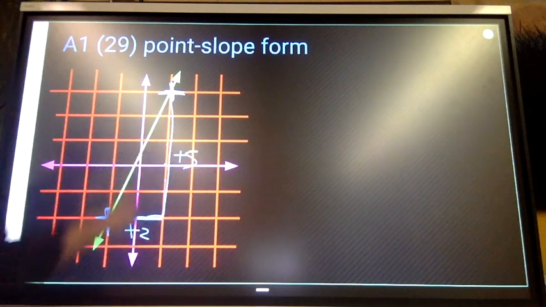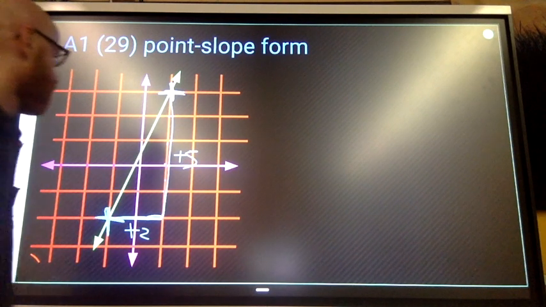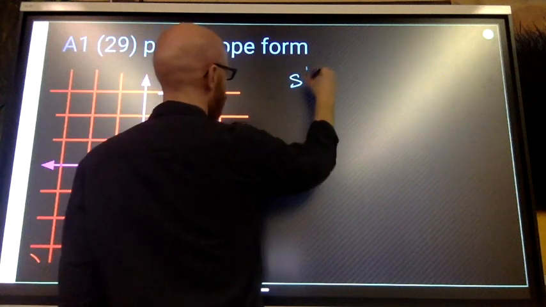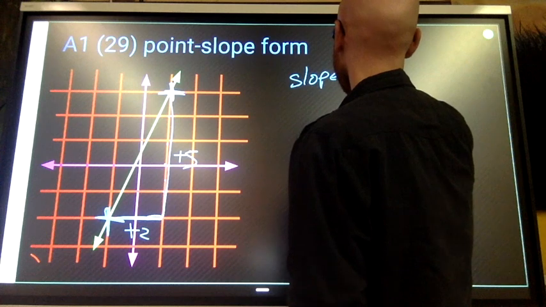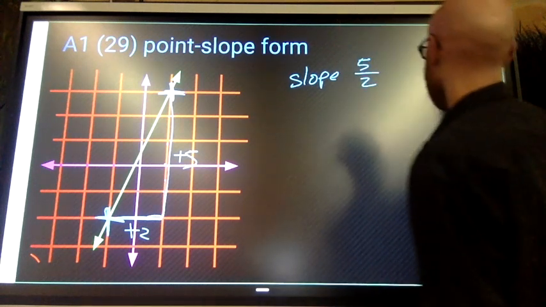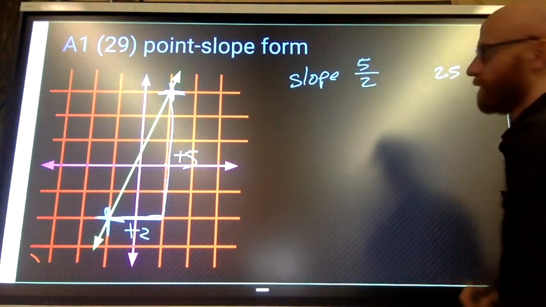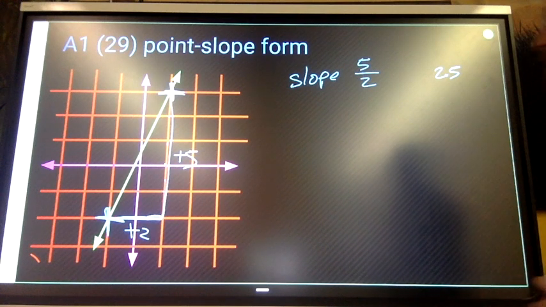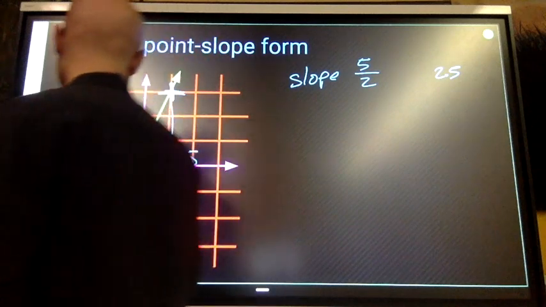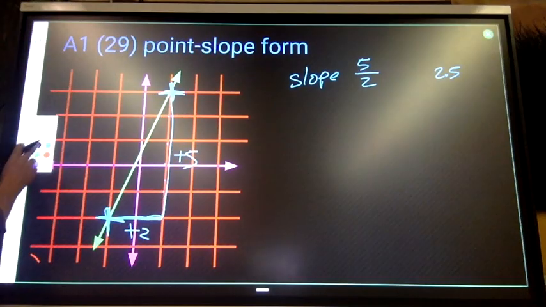Alright, forward 2, up 5. So that will be a slope of 5 over 2, or 2.5. That's my slope. Now I need to pick 1 point off of this graph.